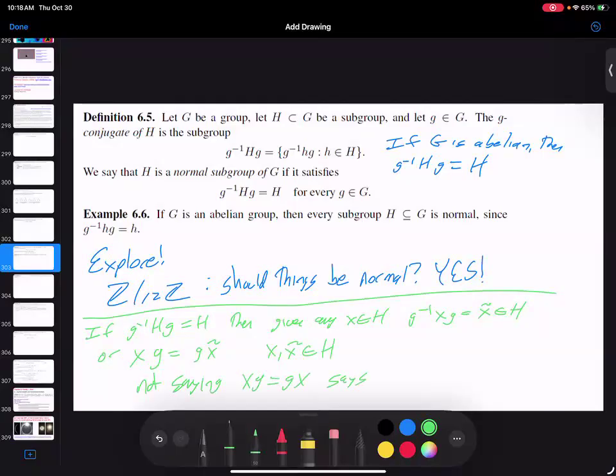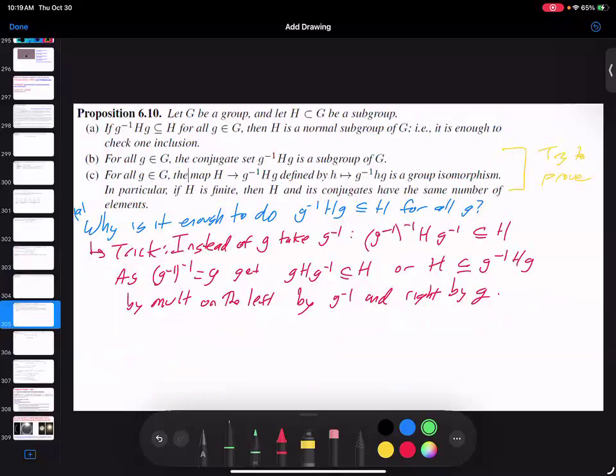It says xg equals g x tilde. x and x tilde are both in H. So if I take any element g and I multiply on the left by something in H, it's the same as multiplying by something else in H on the right. Not necessarily the same thing, but something related.